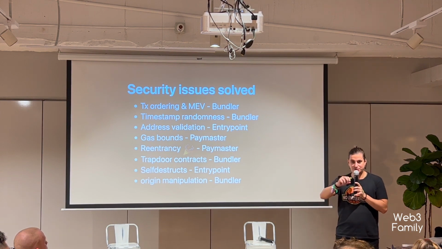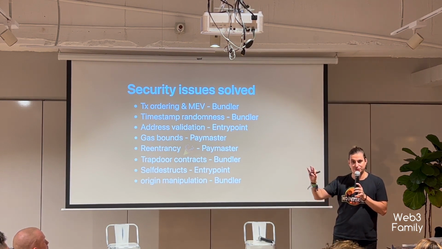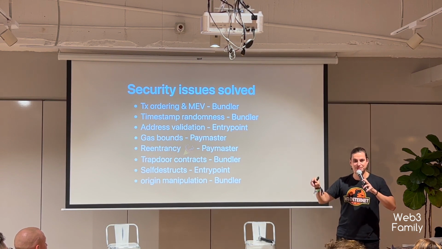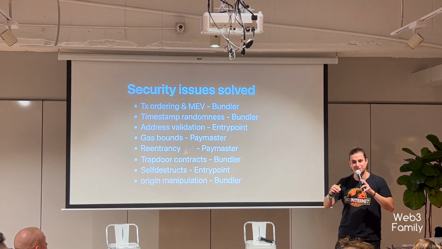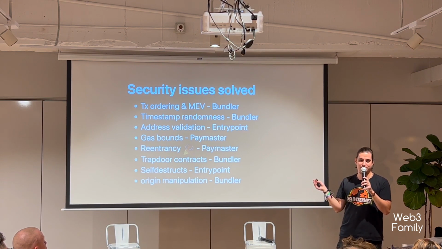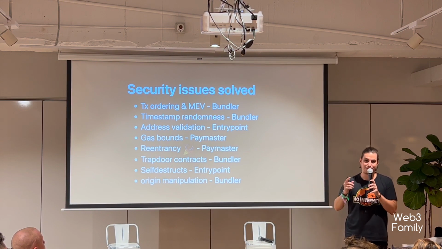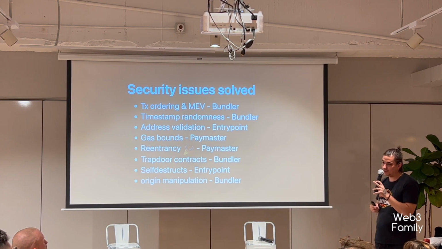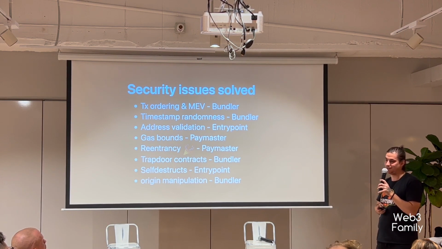Miners currently have the sole power of ordering your transactions, but with bundlers, because they already contain signed and authenticated user operations, it's a 2-party process to assemble the final ordering of the transactions. So if you want to do MEV, at least you have to be a bundler too, because it's a 2-party process, but there is no guarantee that you're going to be the bundler for it.